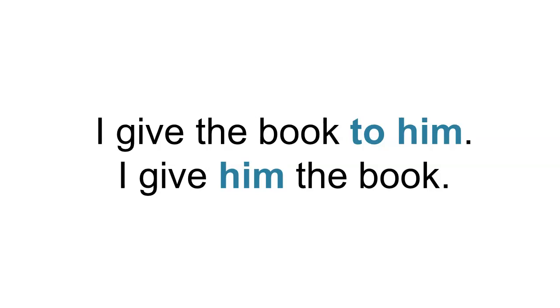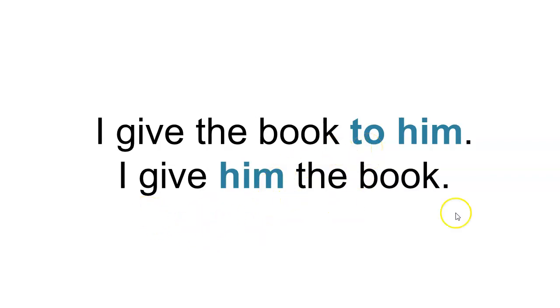So here's a nice example from English. I give the book to him. Now English allows an alternate word order for indirect objects and indirect object pronouns. If I want to move this to him a little bit up in the sentence, in other words, before the book, I have to eliminate the to and just say him.